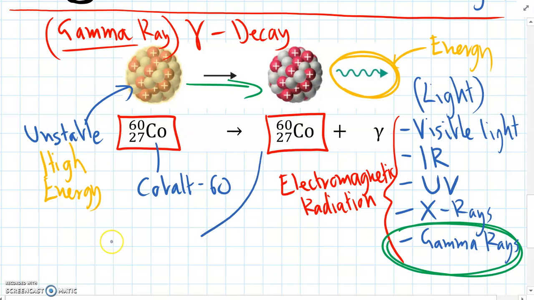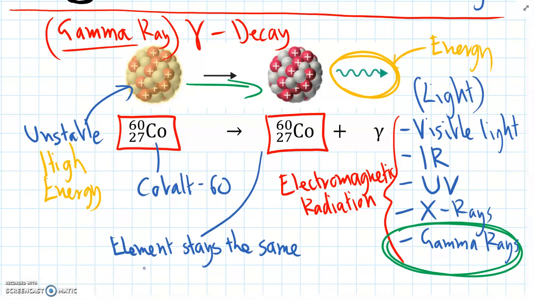So the element stays the same. Often gamma decay happens at the same time as alpha or beta. So sometimes there is a mass change, but if there's just one gamma ray released, then we're not changing the element here.